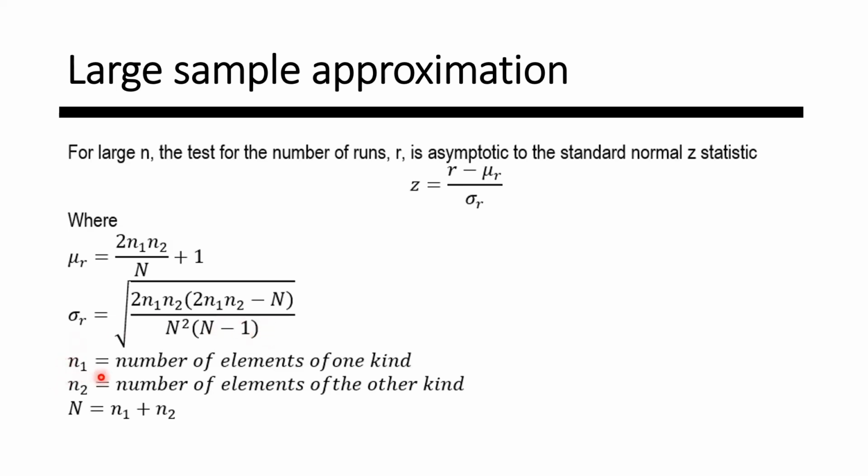Where n sub 1 is equal to the number of elements of one kind, n sub 2 is equal to the number of elements of the other kind, and capital N is equal to the sum of n1 and n2.